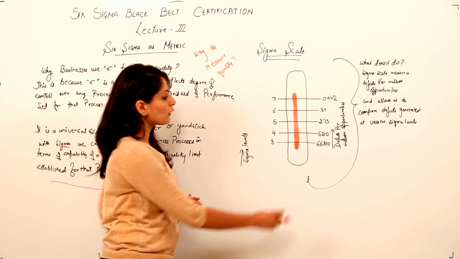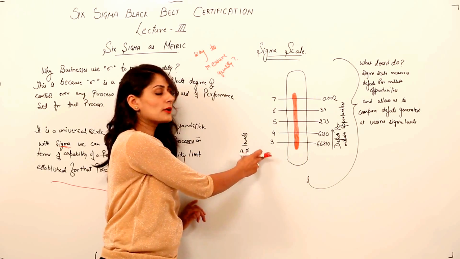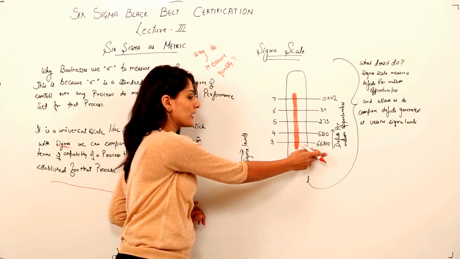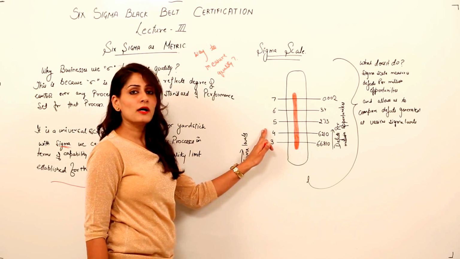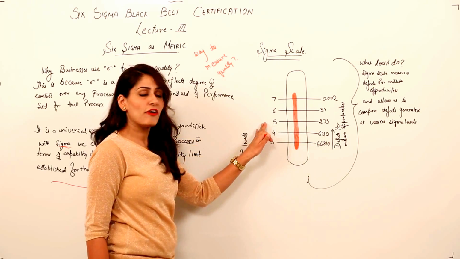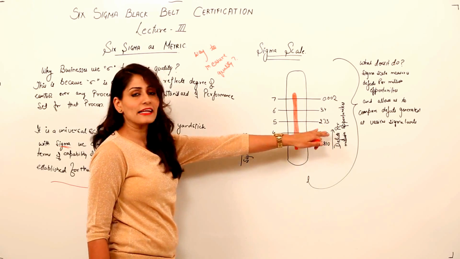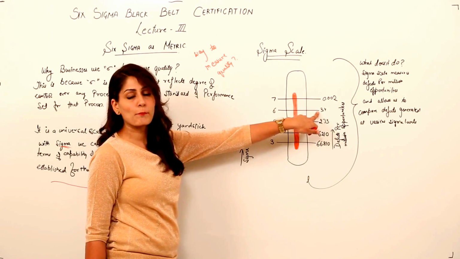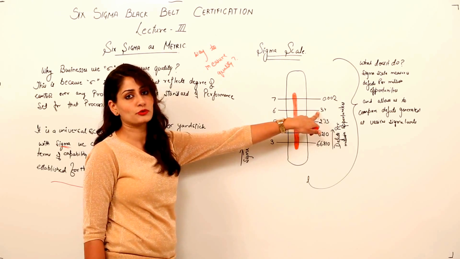Now, if you look closely, at 3 sigma, the number of defects generated is 66,810. At 4 sigma, the number of defects generated is 6,210. At 5, they are becoming a little less, it's just 233. And at 6 sigma, we are generating 3.4 defects per million opportunities.